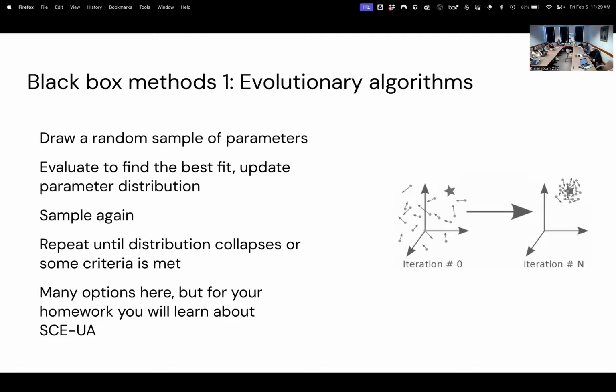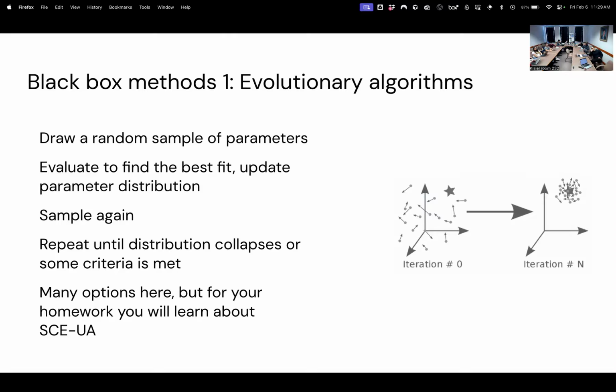And they're basically stochastic methods at their core, where you start by drawing some random sample of parameters from some hopefully plausible space. You can do ones where it's just a single one at a time, but things like particle swarm optimization are techniques where you sample a bunch of them and then say, okay, which of these are good?